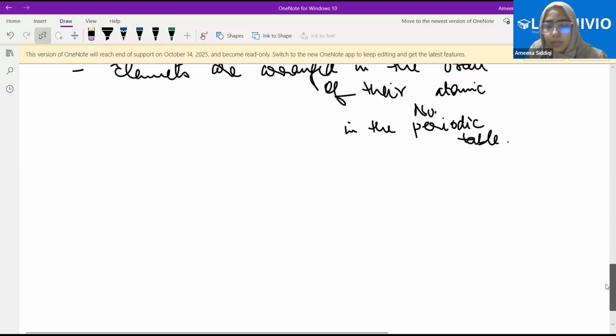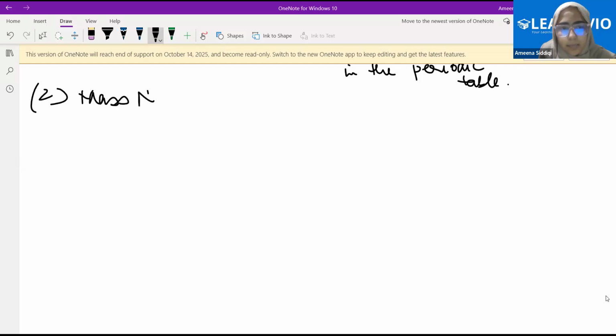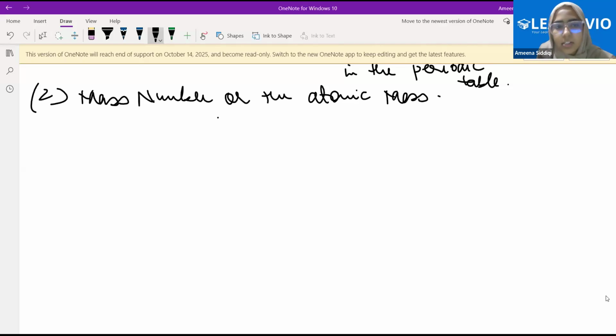The next thing is the mass number or the atomic mass, you can say. And it is represented by a capital A. What is it represented by? A capital A. Now through this you can tell me what do we mean by this?